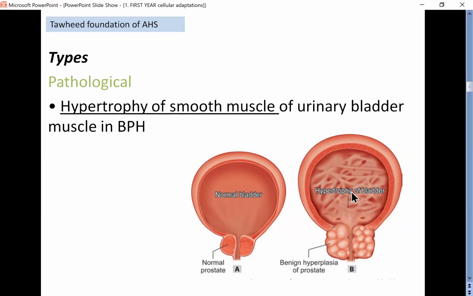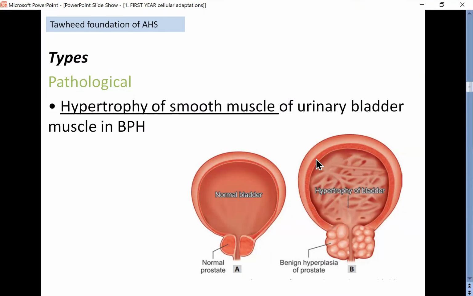The person will have an urge to pass urine, but because of the constriction of the urethra by the prostate, which has undergone BPH, the urine will not completely move out of the bladder. So the bladder will always have some amount of urine. That itself causes stress to the urinary bladder smooth muscle, and the smooth muscle will undergo hypertrophy, which means it will increase in size.